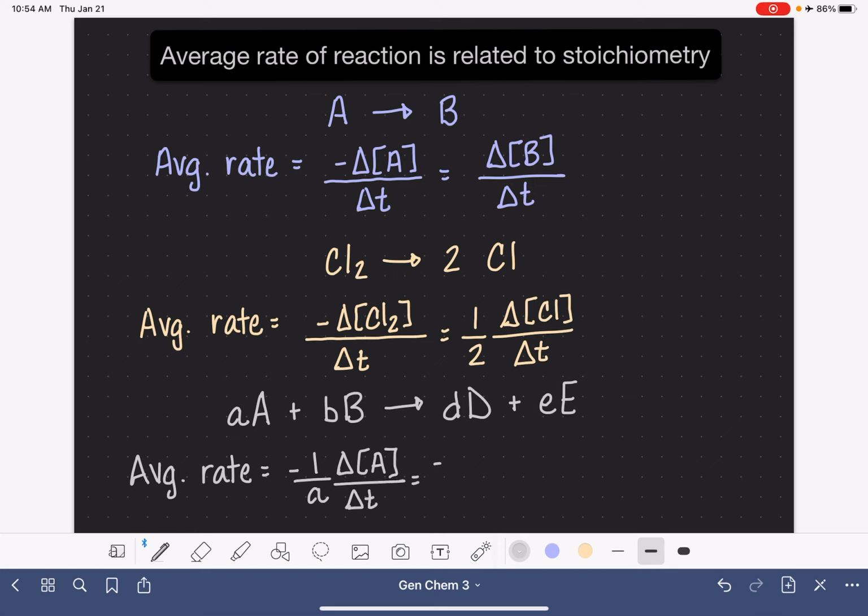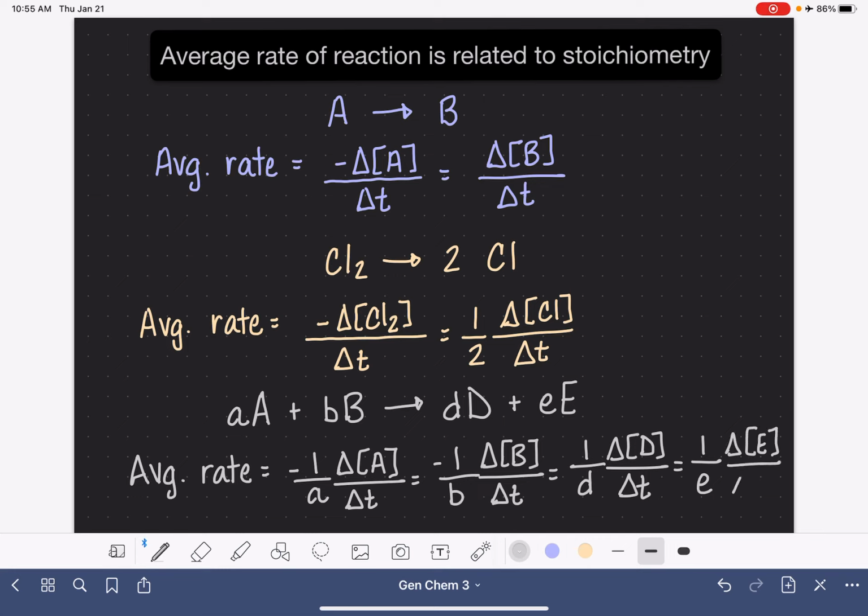Could also be negative 1 over little b, the stoichiometric coefficient, times the change in concentration of molecule B over the change in time. For our products, positive, because they're products, 1 over the stoichiometric coefficient times the change in concentration over the change in time, or 1 over the stoichiometric coefficient little e times the change in concentration of molecule E over time.